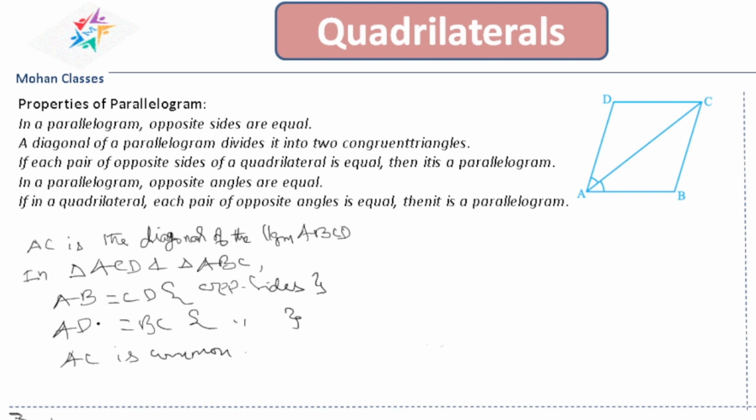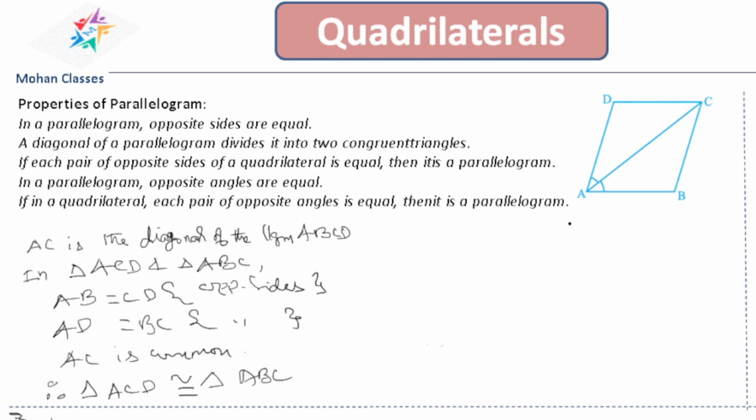Okay. So it satisfies SSS. Therefore, triangle ACD is congruent to triangle ABC. So that means AC, a diagonal, divides the parallelogram ABCD into 2 congruent triangles.